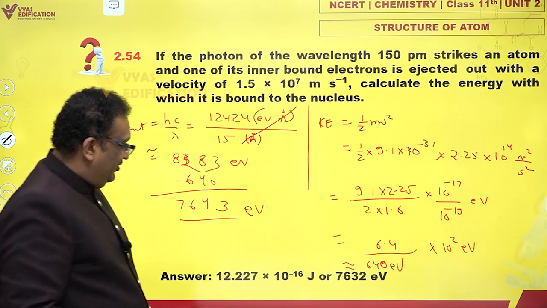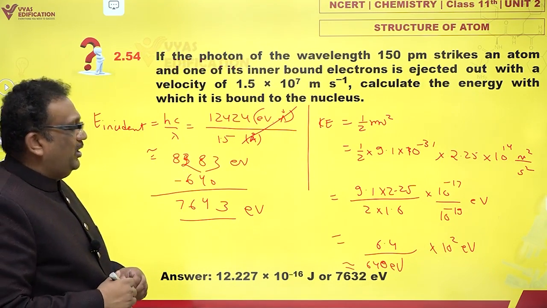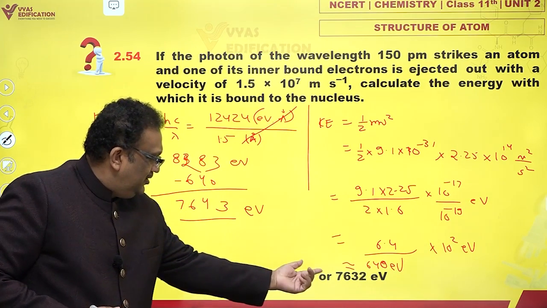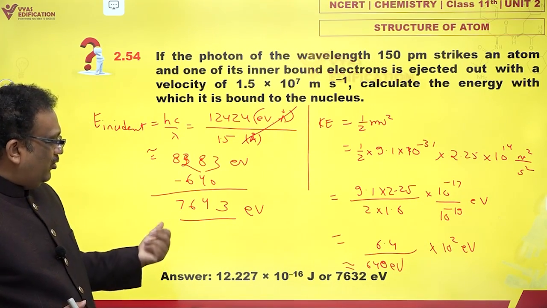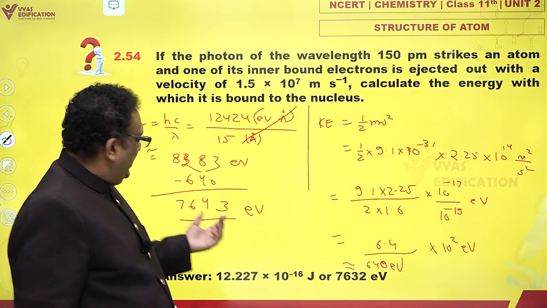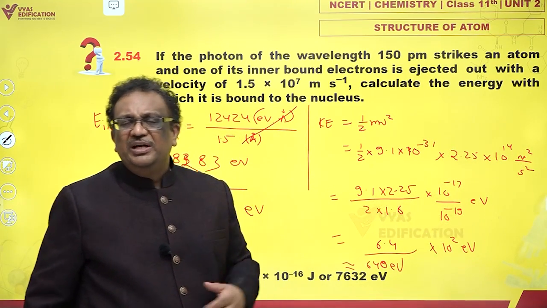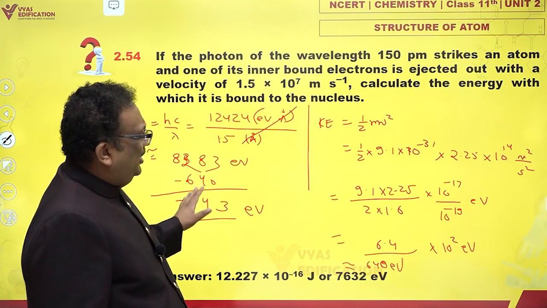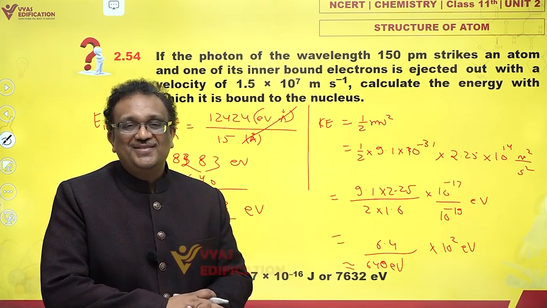This is a rough number which comes out. In case we do a more accurate calculation, maybe a little difference of around 11 electron volts, we can sort it out. So these are the answers, very close. You might feel that there's a little difference, but the percentage difference is very small, reasonably accurate, a beautiful answer.